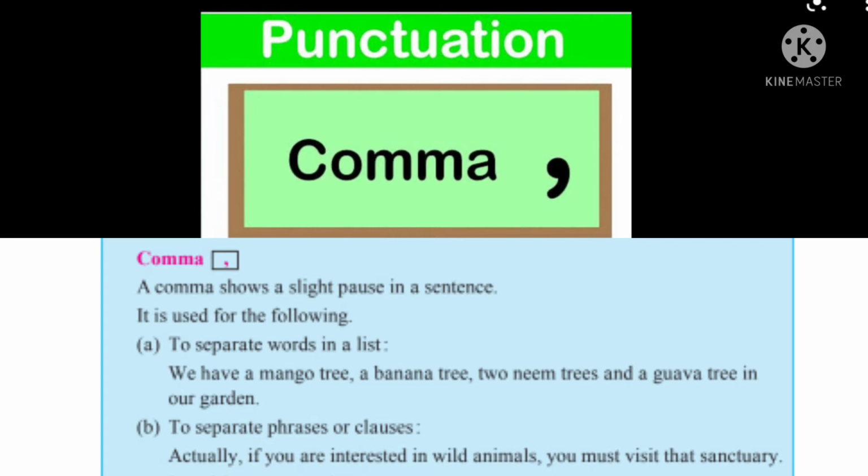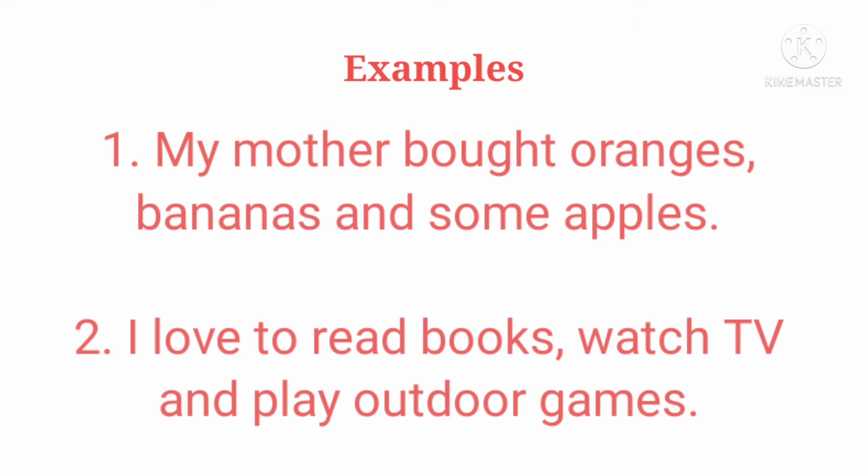So first what they are telling us, that we can use comma in order to separate the words in a list. Like for example, as you all can see, the first example, my mother bought oranges, bananas and some apples.